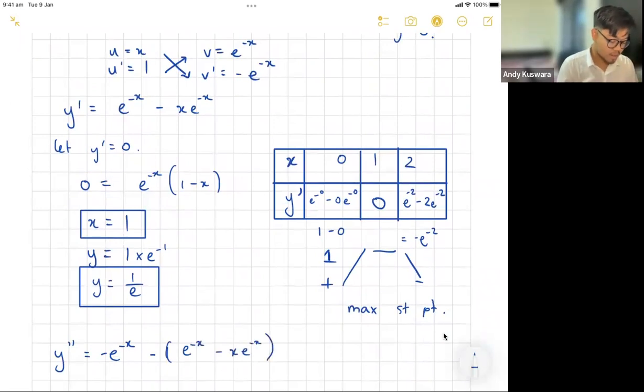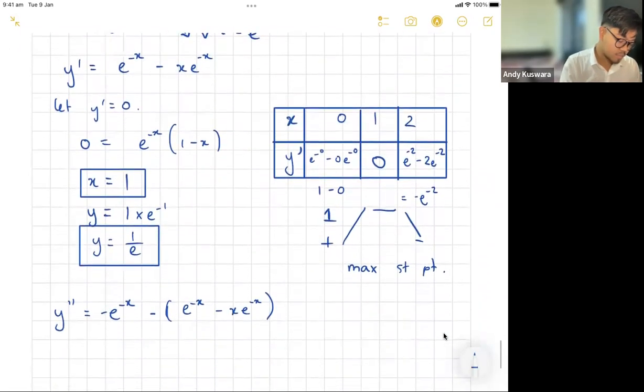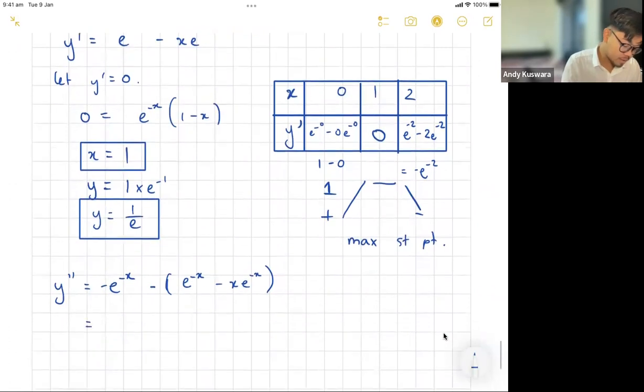Okay, so that there is what our second derivative should be. If we clean this up a little bit, we have minus e to the negative x minus e to the negative x, so that's going to be minus 2e to the negative x, and we're going to have plus x e to the negative x.